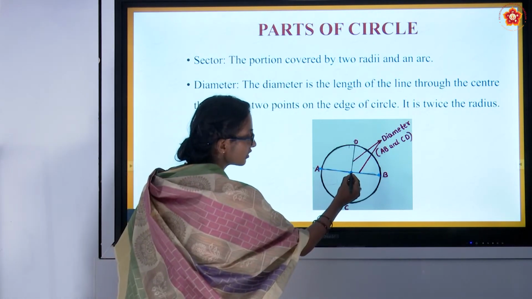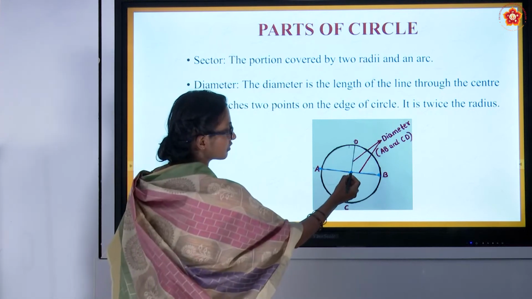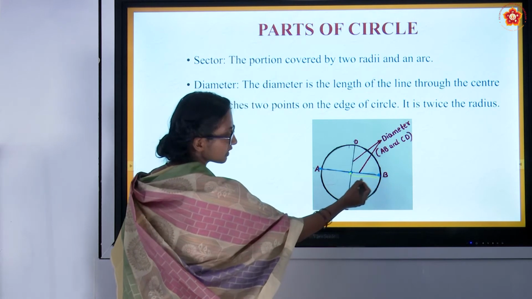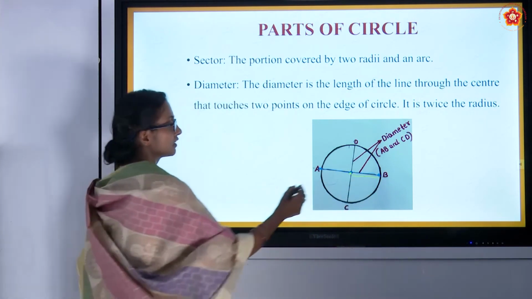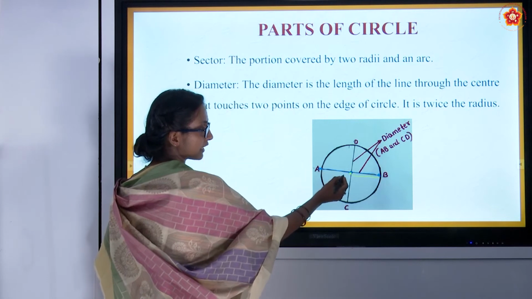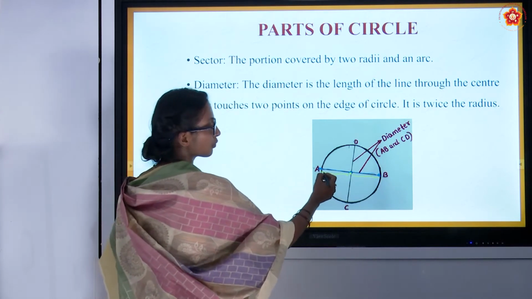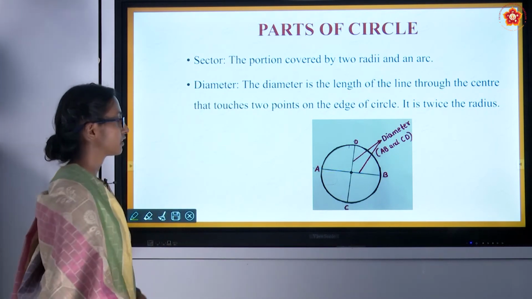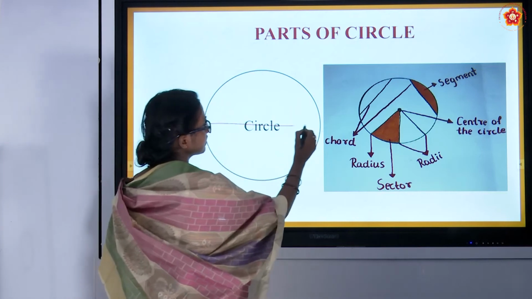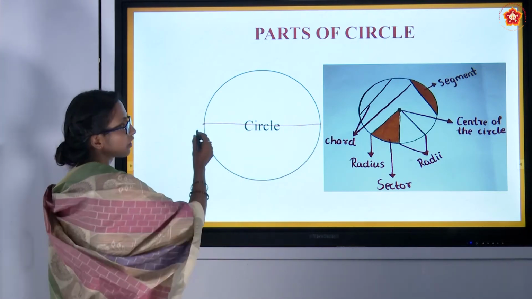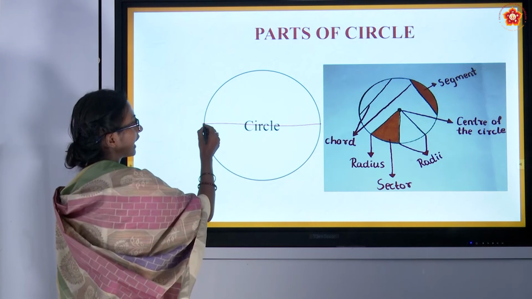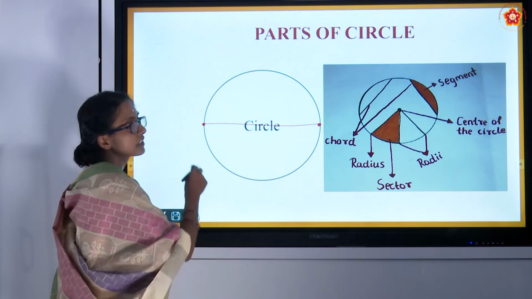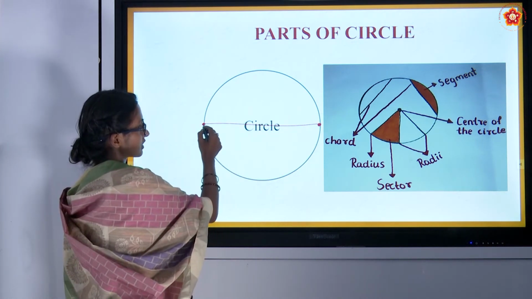See, you can observe from the center of the circle to point B, one radius you can find, and from the center of the circle to point A, another radius. So, if we join both, we get a diameter. Fine. If this is a diameter, it can also be called a chord because the end points of the line lie on the circle and it must cover some region too.